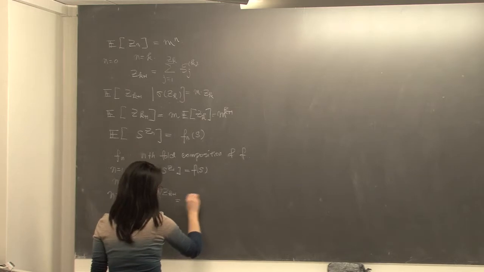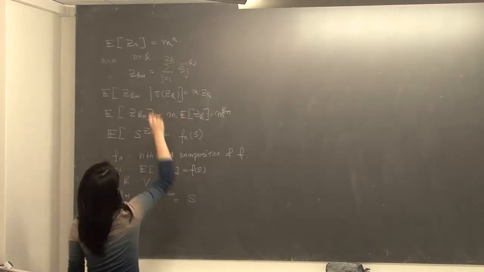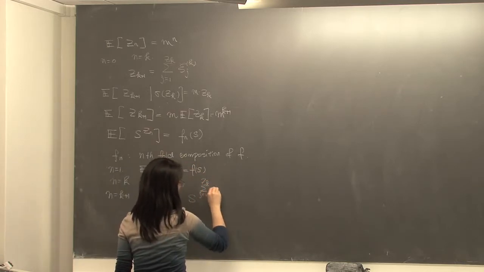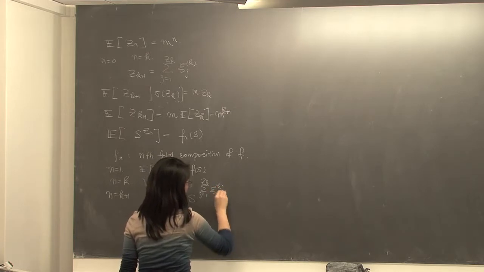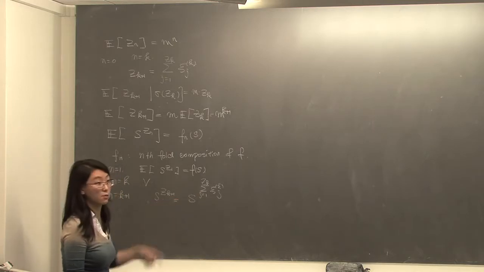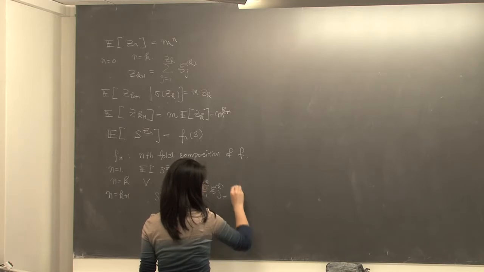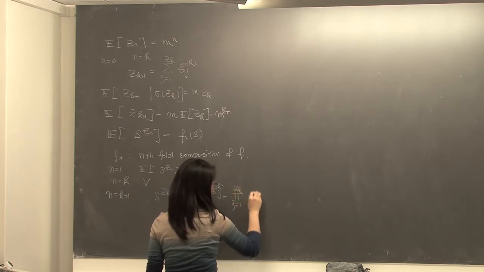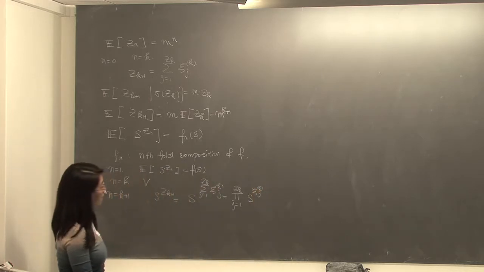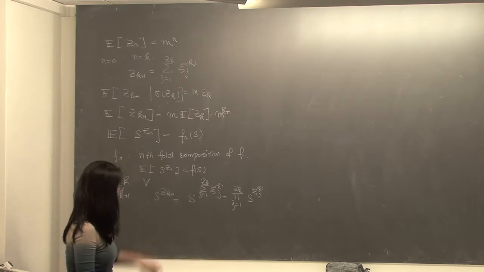And we know that given the information of Z_k, Z_{k+1} is the summation of random variables. So we write this summation as the product in the exponent. Okay, so this is s to the power Z_{k+1}.